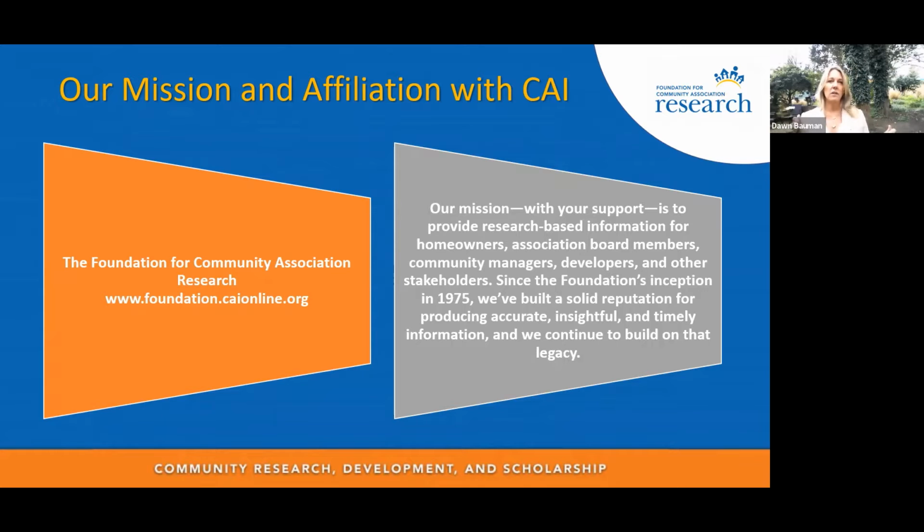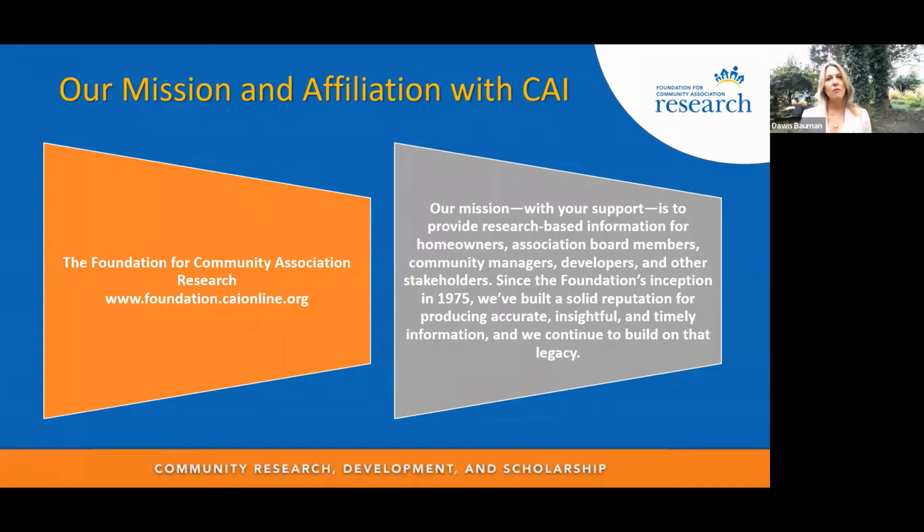Those two different tax determinations are exactly why the foundation was created, because it gives the foundation an opportunity to partner with other organizations and receive contributions and funding from organizations that CAI wouldn't be able to partner with, or at least wouldn't have the same benefit for the tax exempt status.